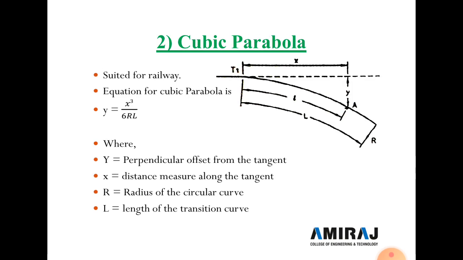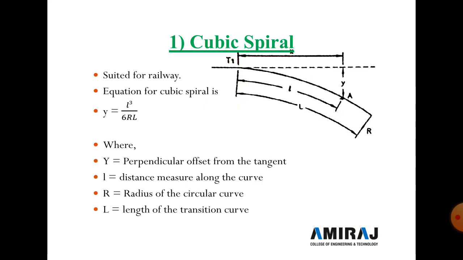Next is the cubic parabola. So here this cubic parabola transition curve is suited for the railway network, and the equation for finding the cubic parabola is y equal to x cubed divided by 6RL. So what is the difference between the cubic spiral and the cubic parabola?